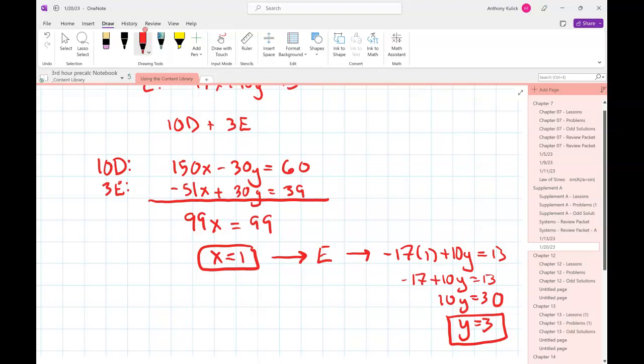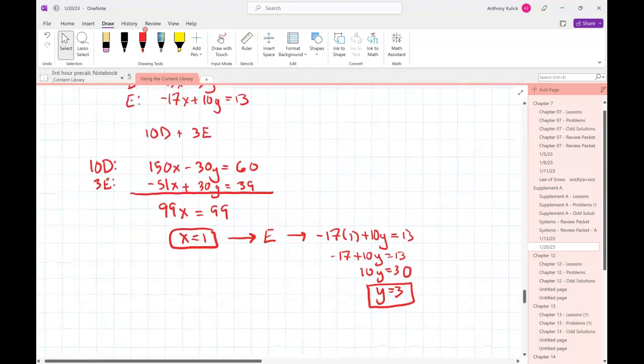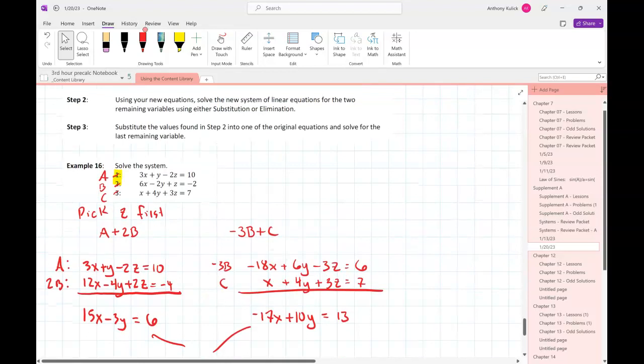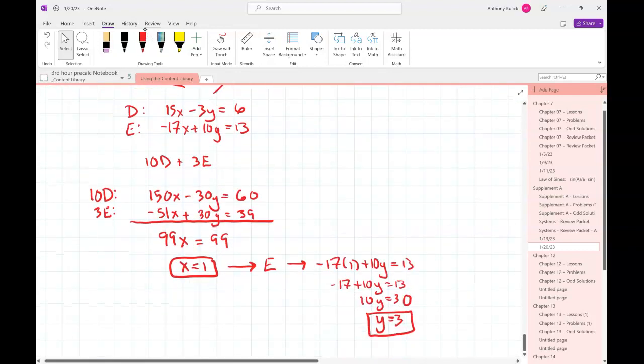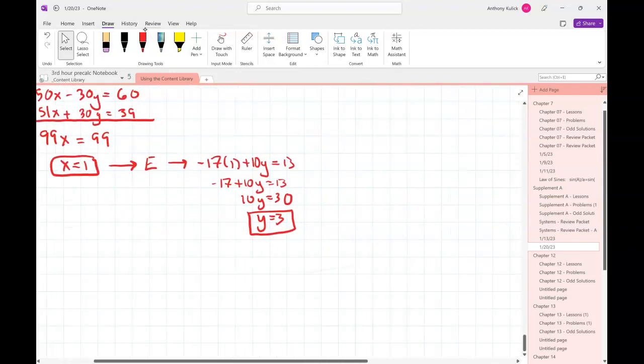So there's my value for y. How do I get z? Yeah, I send it all the way back to either A, B, or C, right? Does it matter which one? No. Which one is Mr. Kulik going to pick, though? I'm going to pick B because the coefficient on z is 1, so I don't have to do any division. But it does not really matter.